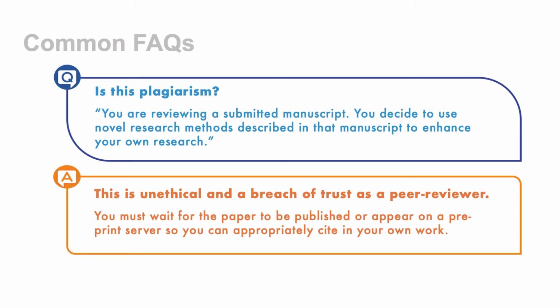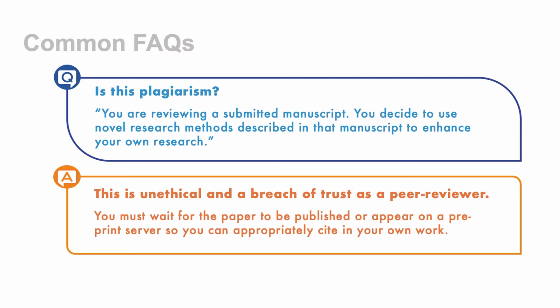How about this question? Is this plagiarism? You're reviewing a submitted manuscript as a peer reviewer for a journal, and you decide to use novel research methods described in that manuscript to enhance your own research. This is not allowed. This is unethical. It's a breach of trust as a peer reviewer.